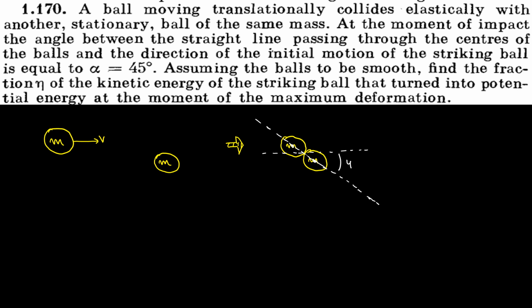That is given in the question. Fair and fine. From this diagram I can easily say this is the line of collision. If I join the centers, this is the tangent and this is nothing but the normal, so this is the line of collision.